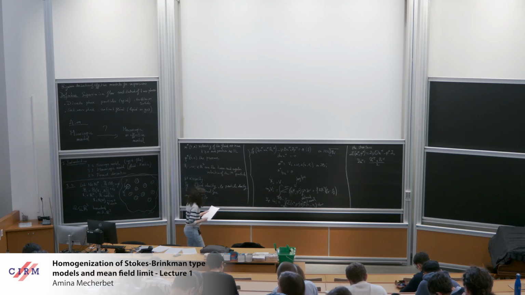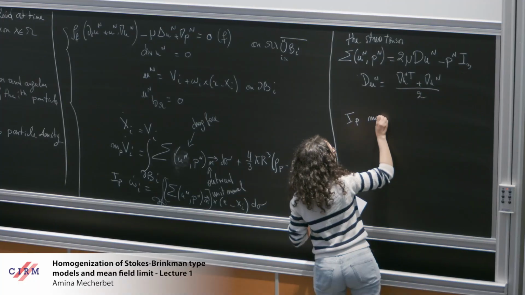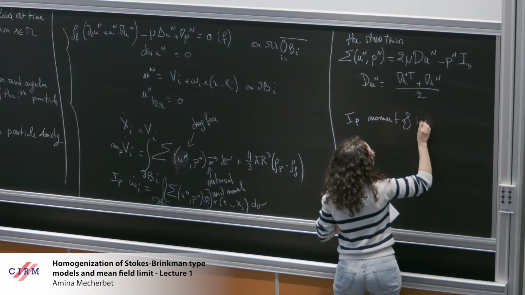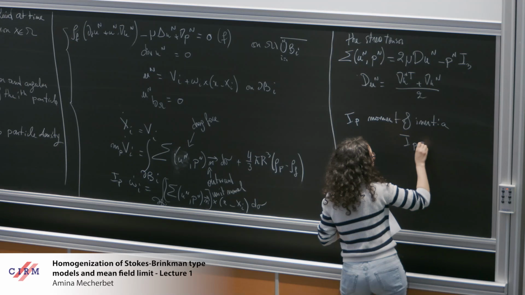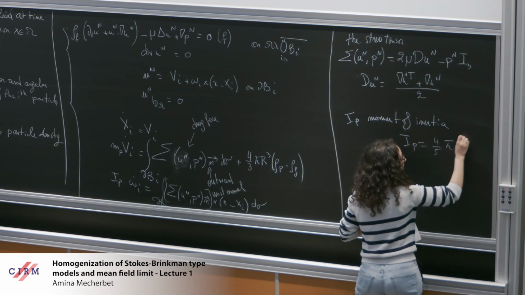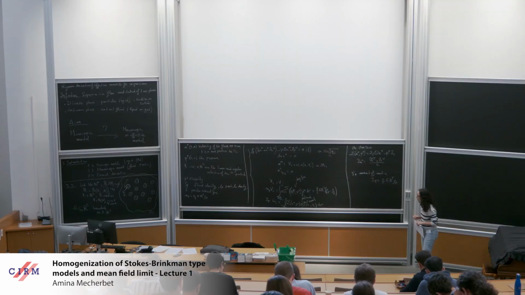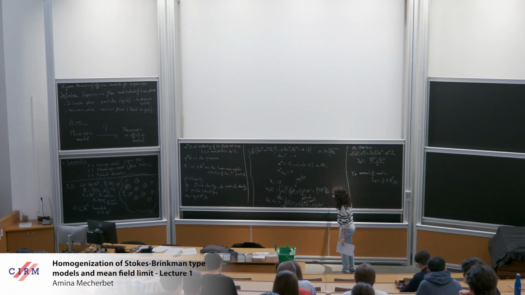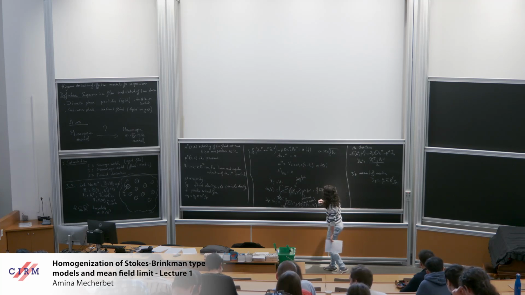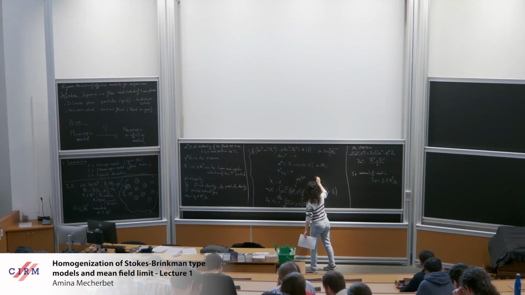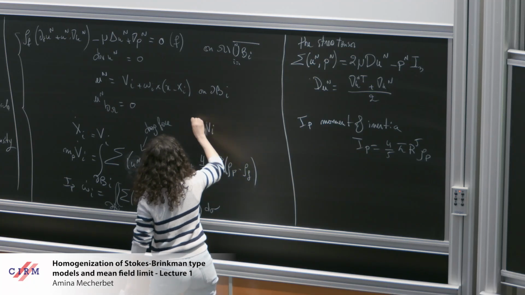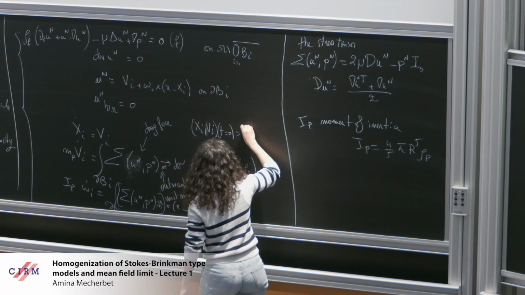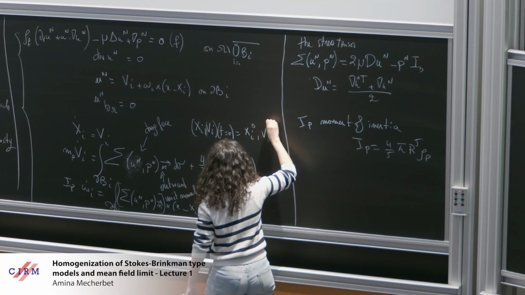So yes, let me just finish with the notation. IP is the moment of inertia. In the case of a sphere, it's basically just given by this constant here. And I don't have space, but you also have to take some initial conditions for the velocities, so I will write it here: Xi and Vi at time 0 are given initially.